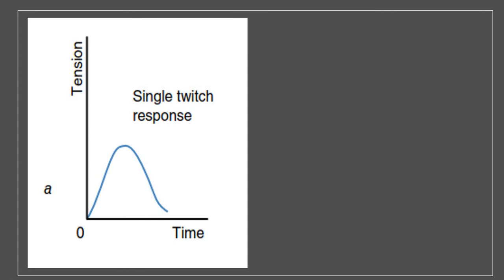So this graph shows the amount of time that's passed, and up the y-axis we have tension. You can think of that as force. Tension is just another way of describing it. So the period up to stimulation, around about here, would be called the latency period.